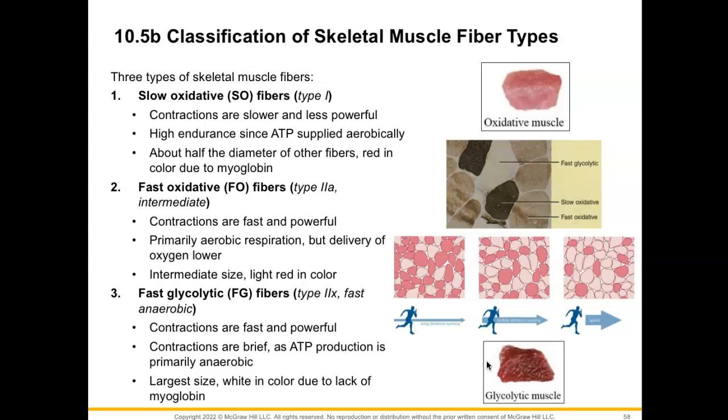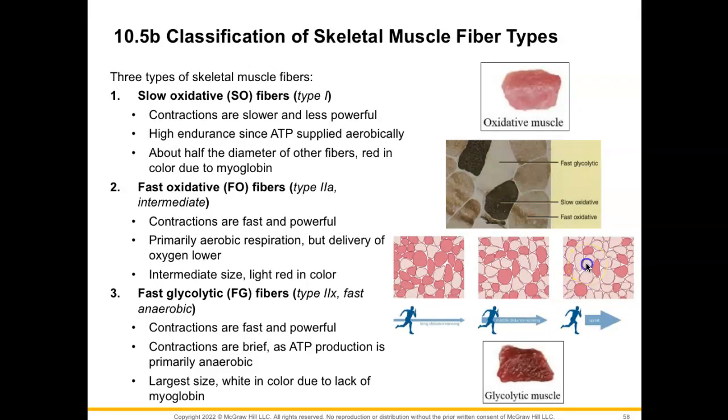They'll have a big diameter, which means they are very powerful, and they will be white in color. So if you are a sprinter that has that fast, powerful reaction, you might have more of these white fibers. And these are colored white because we have a lack of myoglobin. Not a complete lack, but less.